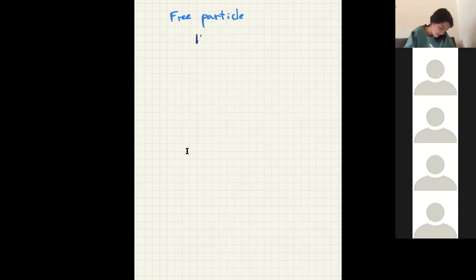So we have H equals just P squared over 2 mu, and this mu is equivalent to the mass, right? We know how to expand this in the P basis, because this is just the operator P squared. It's a capital P, by the way.